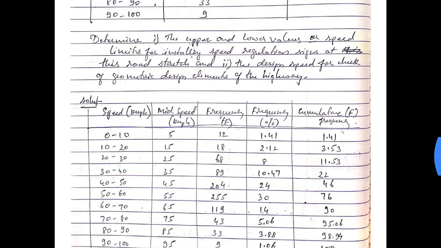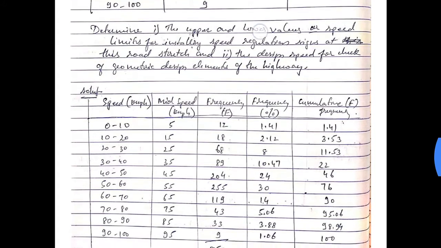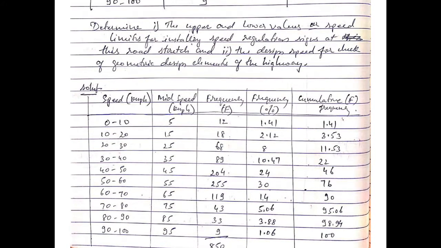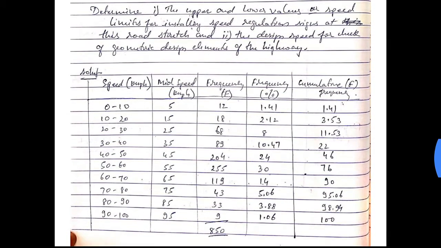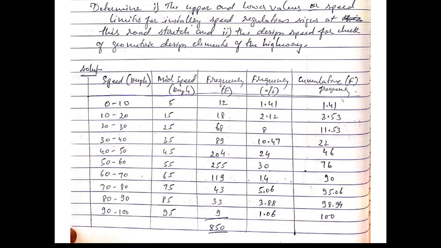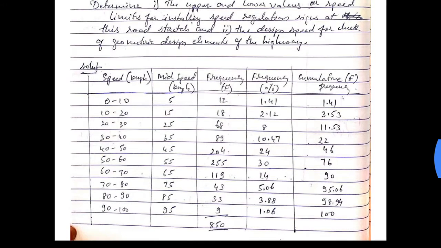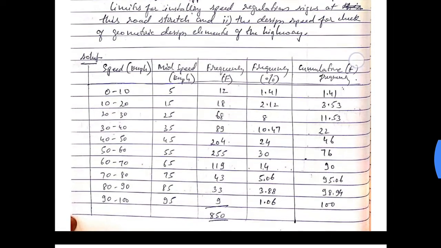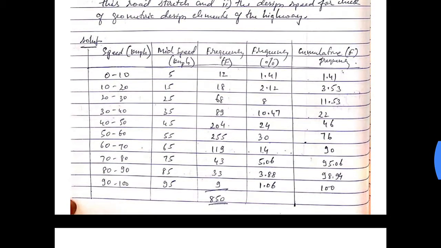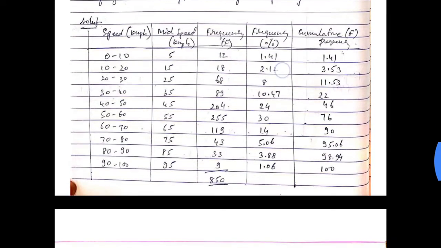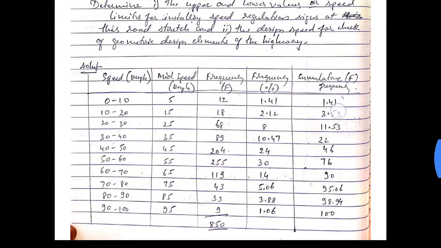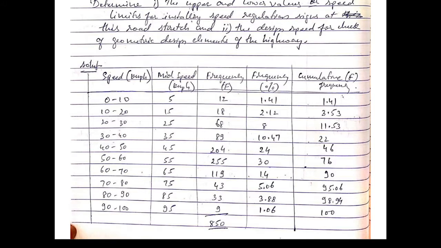Whenever you are asked for the upper and lower values of speed limits and also the design speed, you need to find the cumulative frequency percentage. You have these percentage frequency values, and you just need to take the cumulative values.